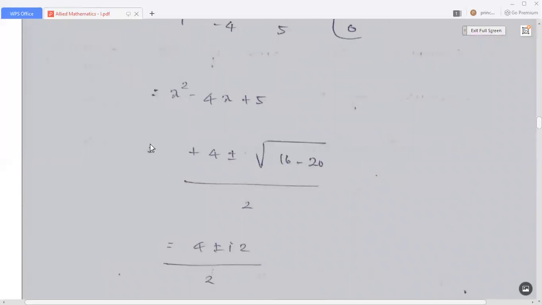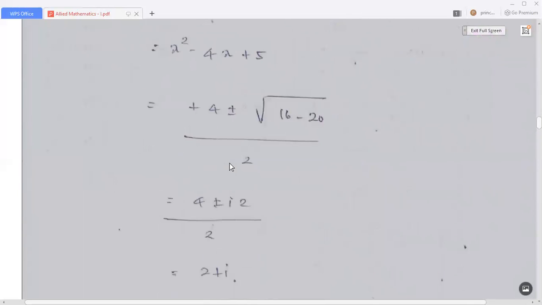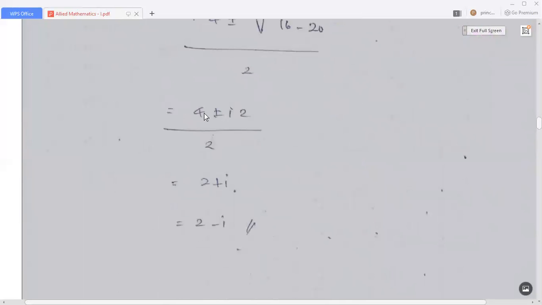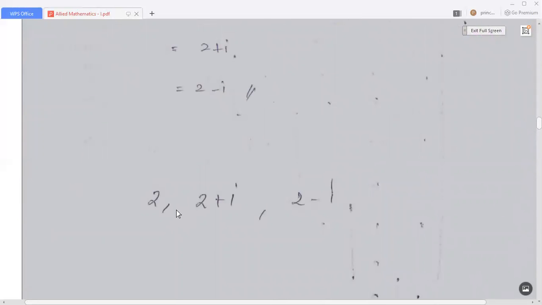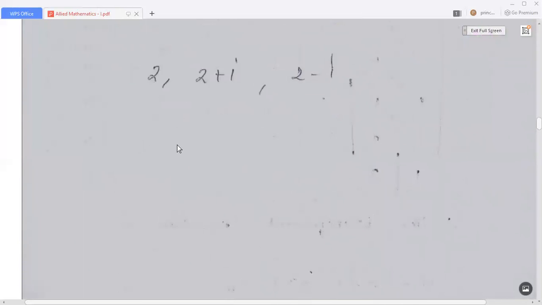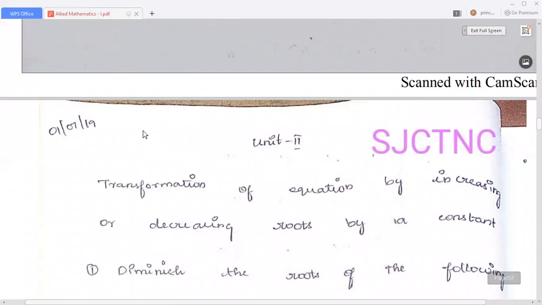When you solve this quadratic equation, we calculate x using the formula minus b plus or minus root b square minus 4ac by 2a. So using this formula, we get two values, 2 plus i, 2 minus i. So the roots are 2, 2 plus i, 2 minus i. This completes the problem. Right.